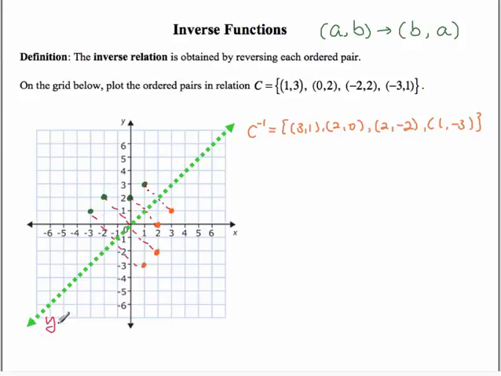This green line is y equals x. So given the graph, you don't have to find the equation of the function; just from knowing what the graph looks like, you should be able to draw an inverse function or inverse relation of that.